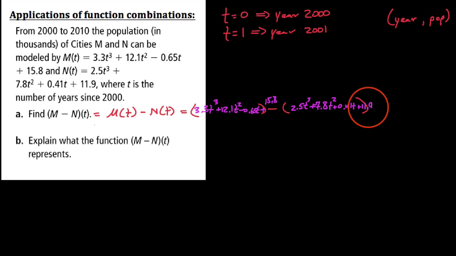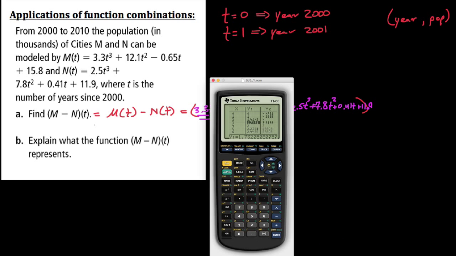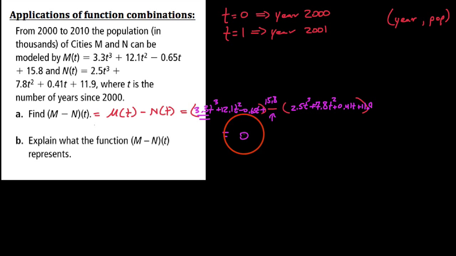In terms of finding this difference, we would distribute the negative throughout. So we'd start with 3.3 T cubed, and distributing the negative, the 2.5 T cubed would become negative. So 3.3 minus 2.5 gives 0.8 of these T cubed things. Now we have positive 12.1 T squared, and this would become a negative 7.8 T squared.